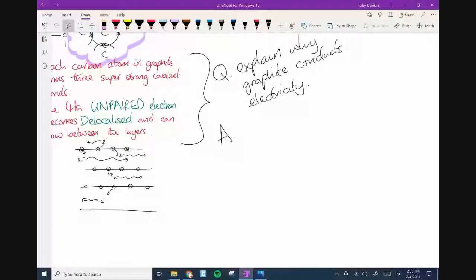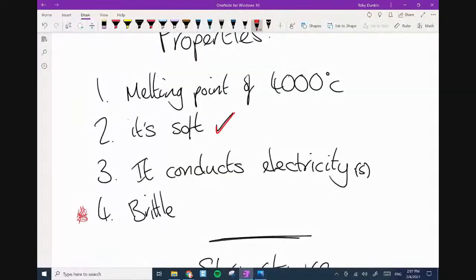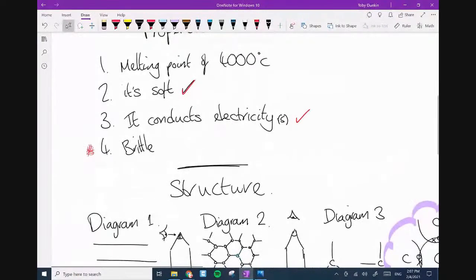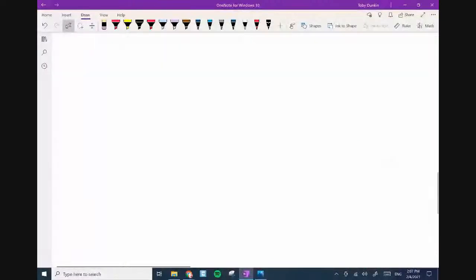So we have covered it's soft. I'm going to tick these properties off. We've done conducting electricity. We now need to explain, now this one's really, really horrible. And actually, it's going to be difficult to explain this one without having done simple covalent first. But this is a giant, and I am very aware of that.